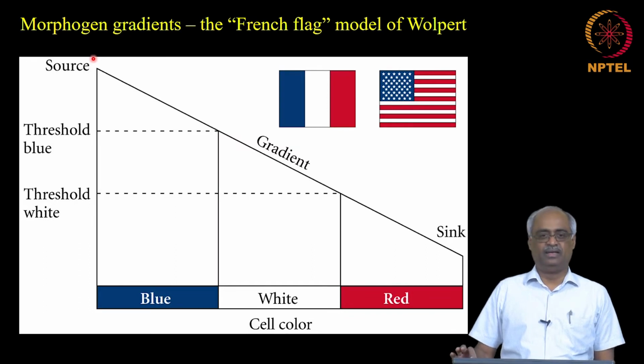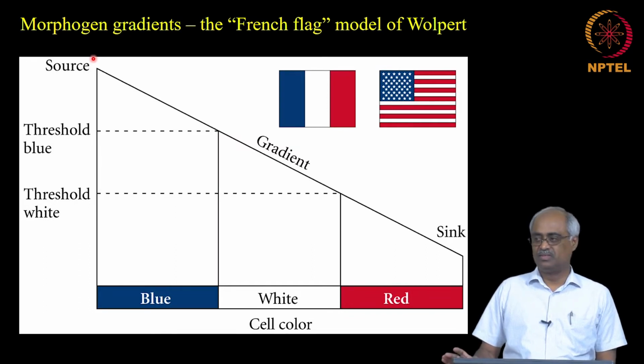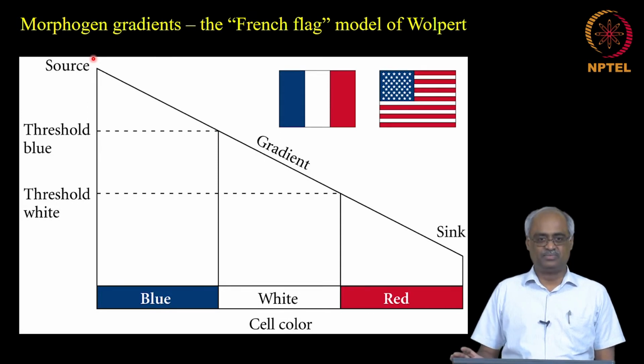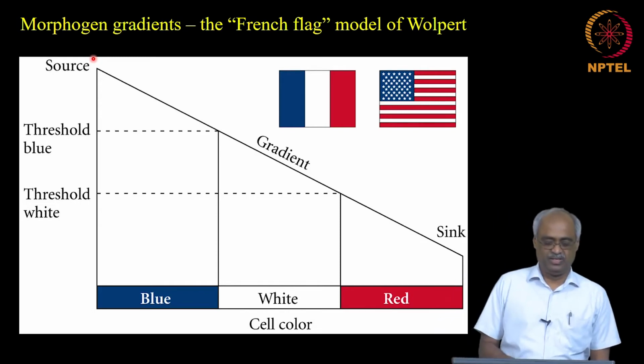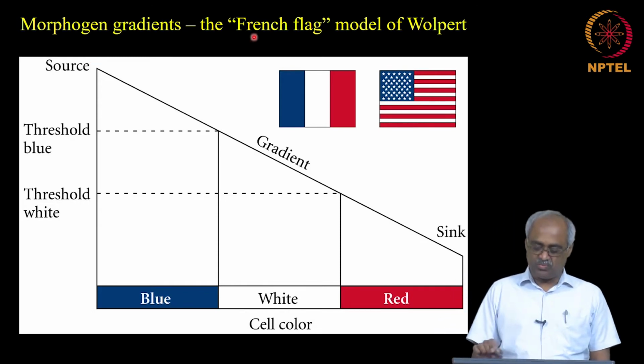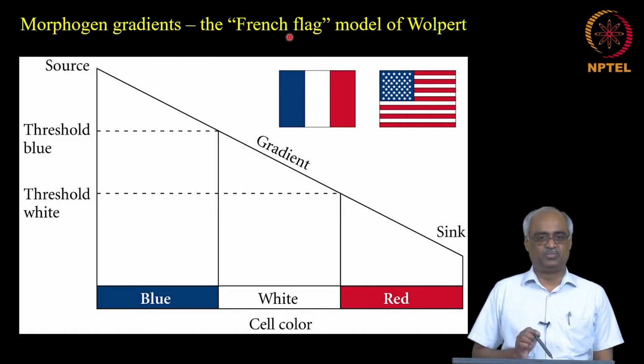That is the hallmark of a morphogen. A morphogen will not have the same effect at different concentrations. So how the gradient matters, how concentration matters, that is what we are going to learn today, and this French flag model of Wolpert is something that tries to explain it.